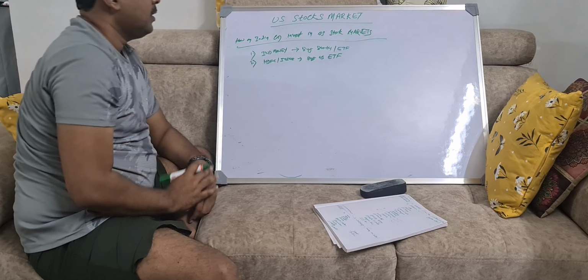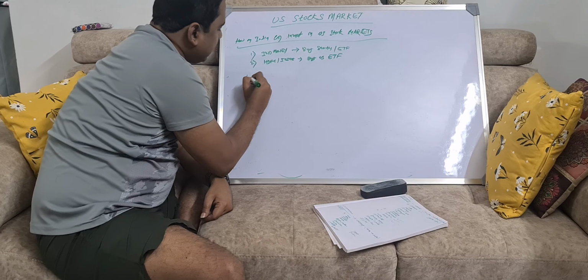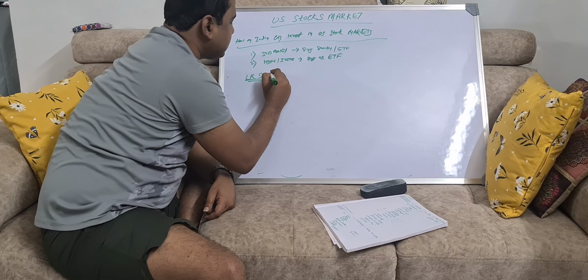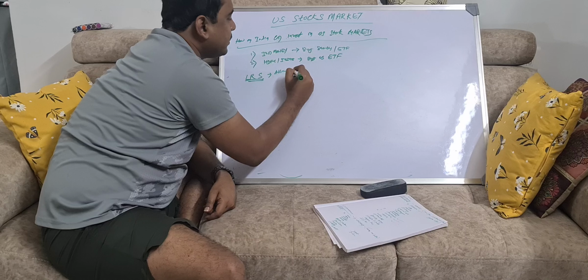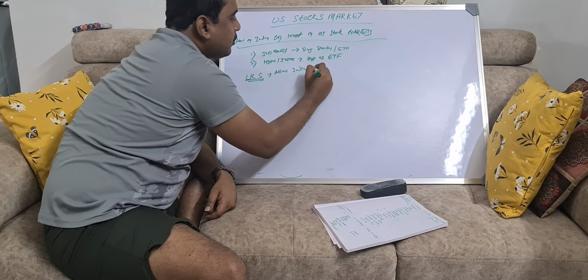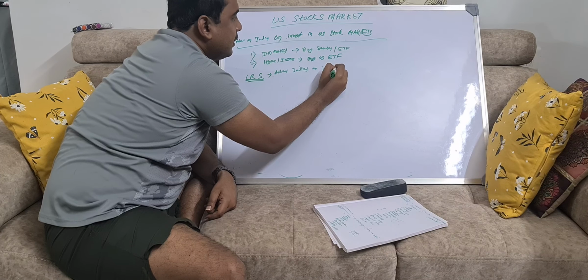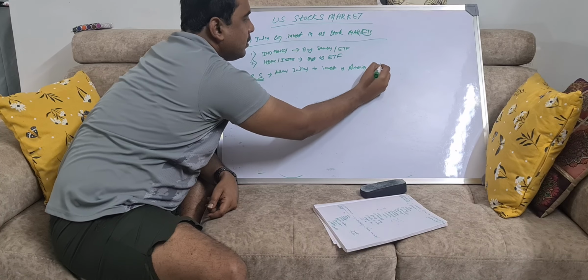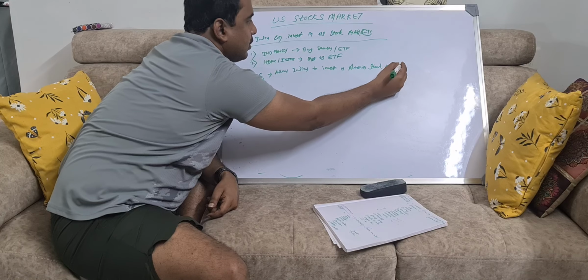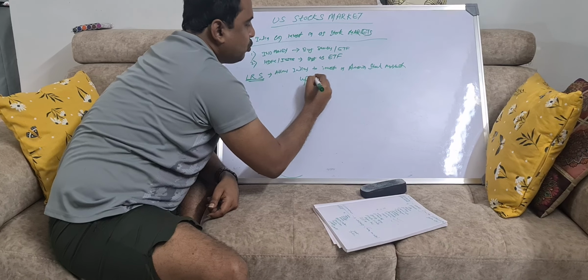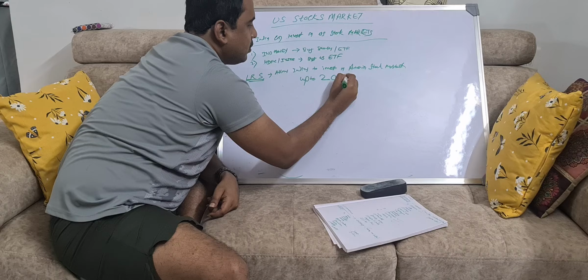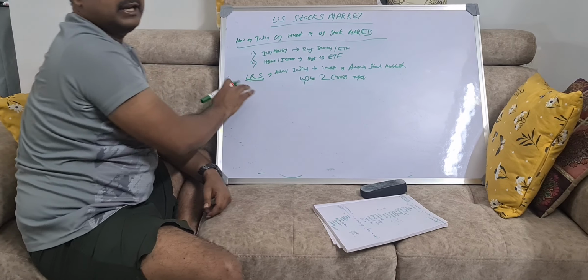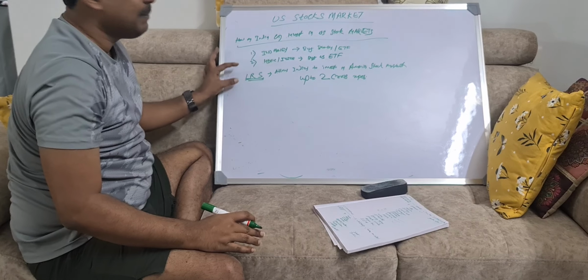Okay. So we have what is called the Liberalized Remittance Scheme, LRS. The LRS scheme allows Indians to invest in the American stock market up to 2 crore rupees, as per the Liberalized Remittance Scheme.